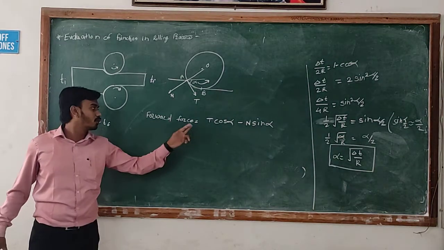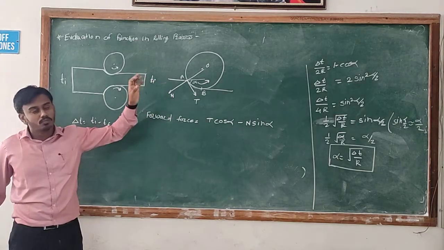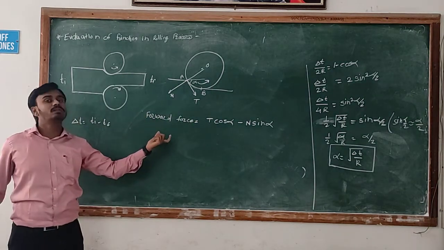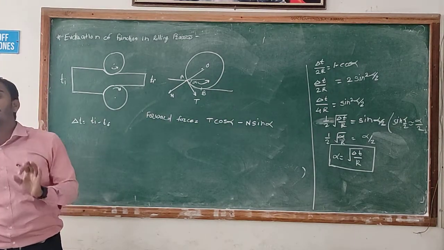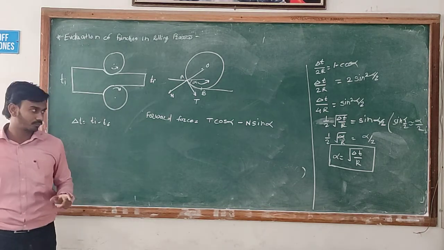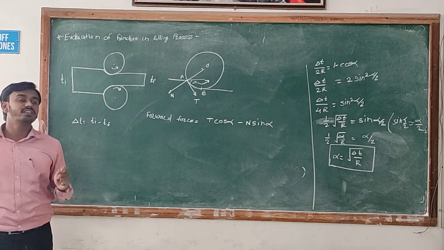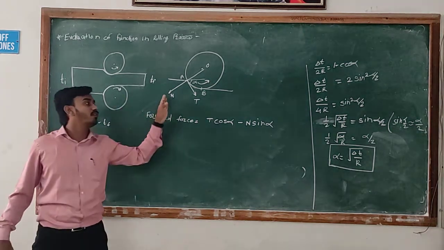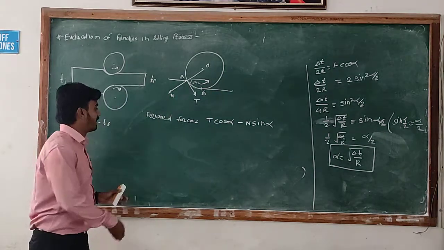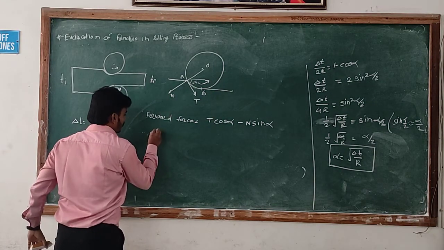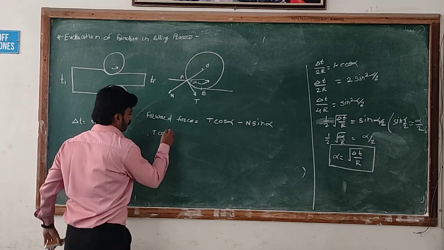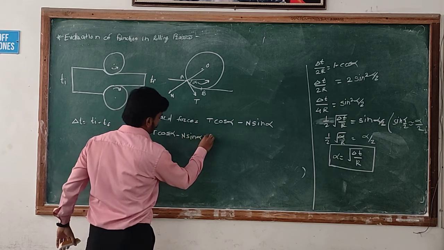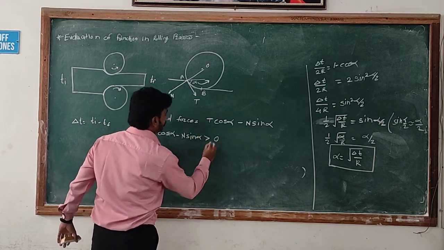We have taken the x components of both forces. To move this material from this side to this side, this forward force should be greater than 0. Only when this forward force is greater than 0 will the material move. Therefore, we can write T cos alpha minus N sin alpha is greater than 0.